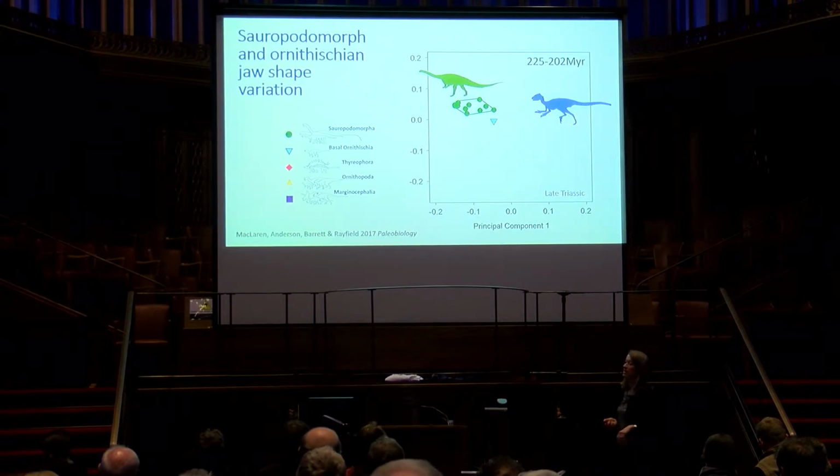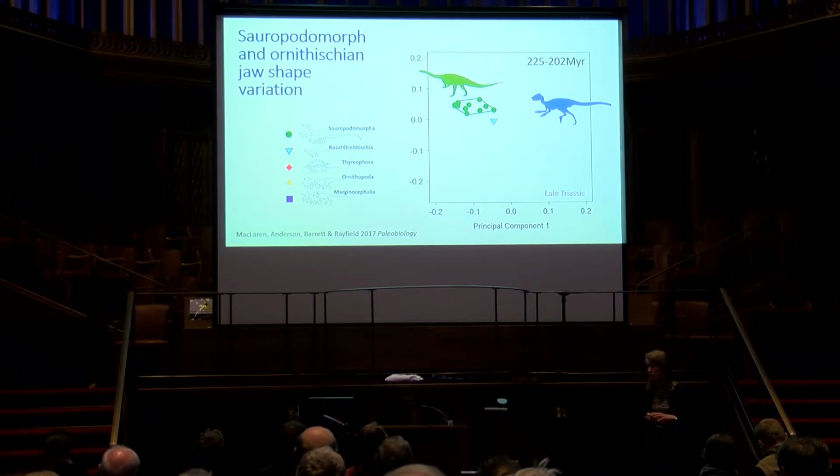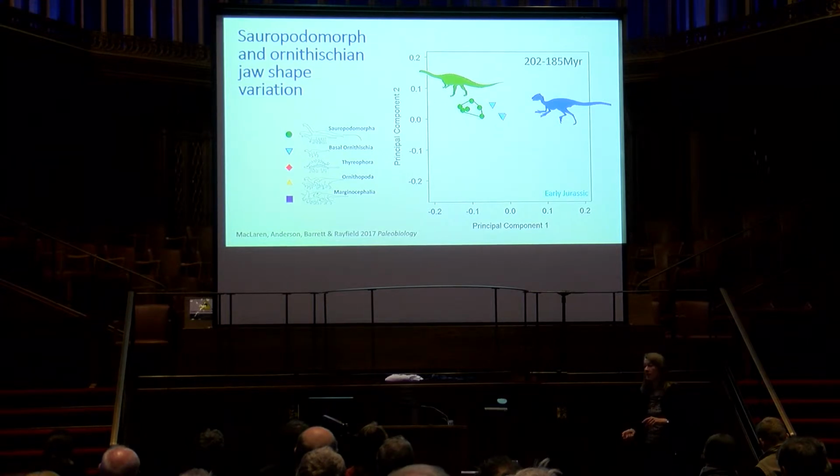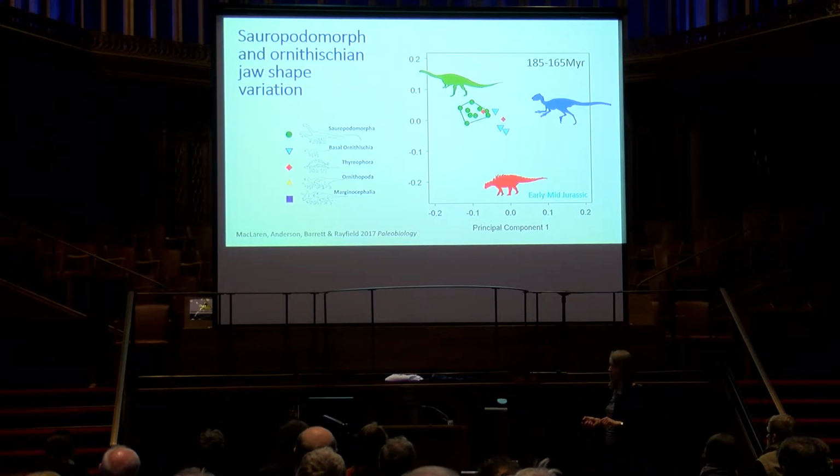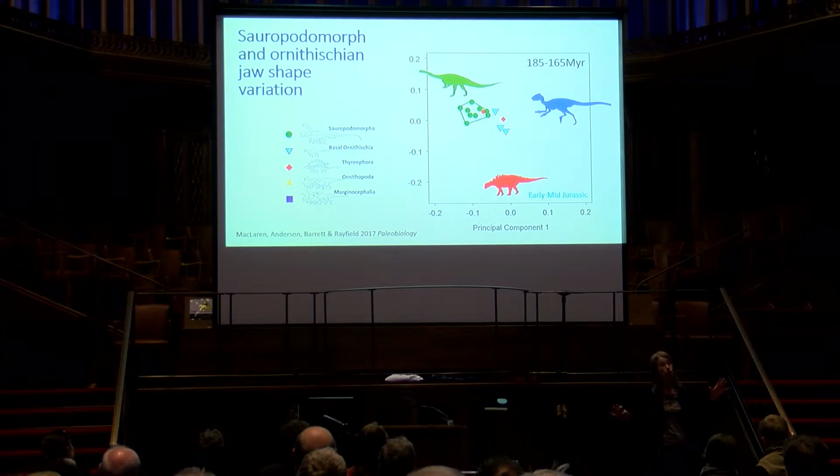If we start off here in the late Triassic, we have a few sauropodomorph taxa, and then the very earliest basal ornithischia. As we move through to the early Jurassic, we can see how this variation in jaw shape is being exploited. Where these points start to overlap, we're seeing similar jaw shapes being possessed by different groups of herbivorous dinosaurs.